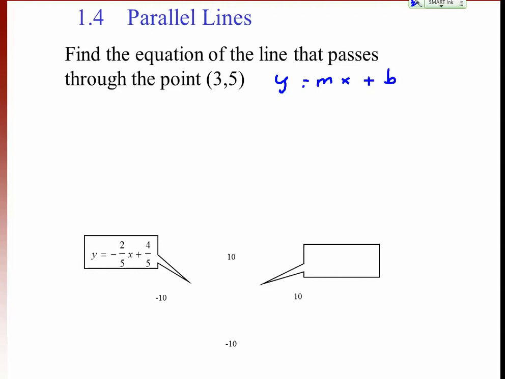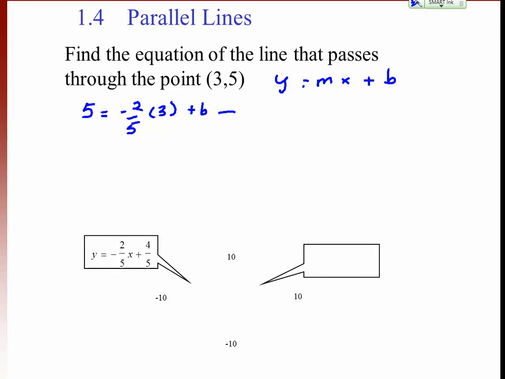We know the 3 is the x, the 5 is the y. So I'm going to write out what I know: 5 equals, I know the slope is -2/5, I know the x is 3, and I'm trying to find b.